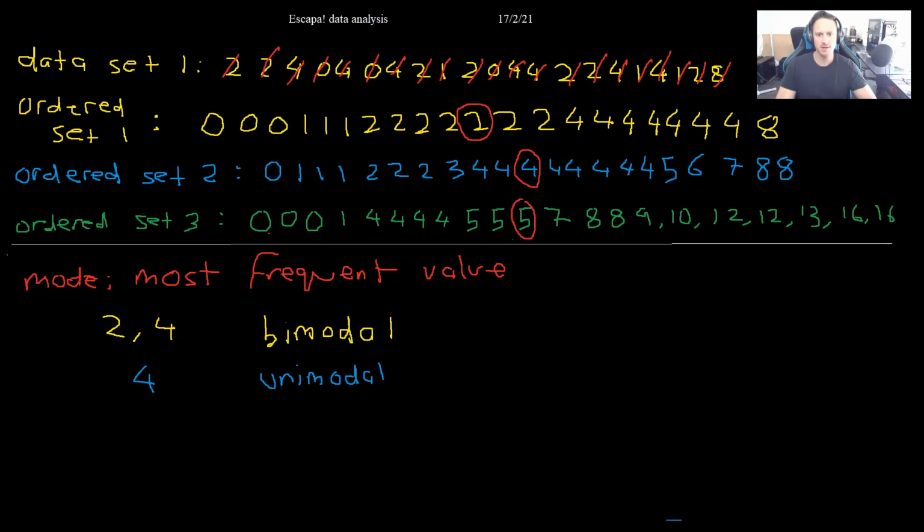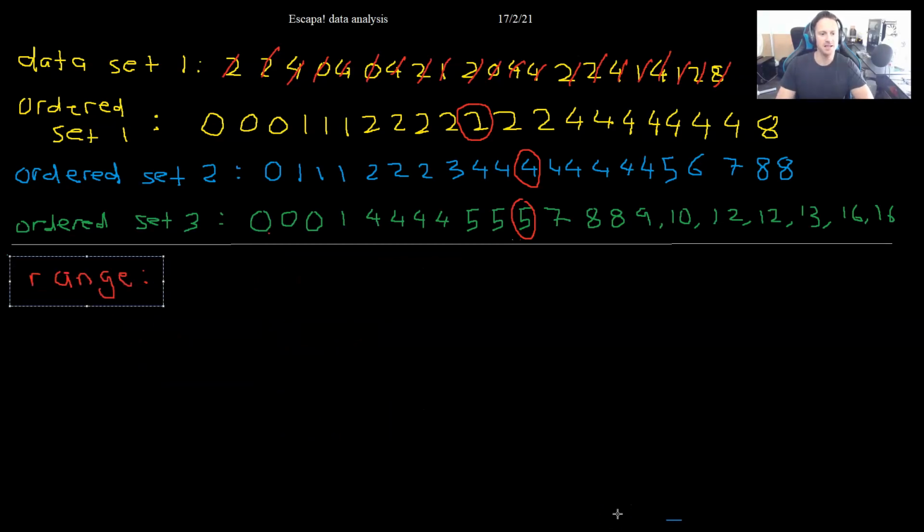So data set 3, again, we look, what is the most frequent number that appears? It's the number 4. There's 4 4s in the data set, and that's more common than any other number. So the mode for data set 3 is 4, and that is a unimodal data set once again.